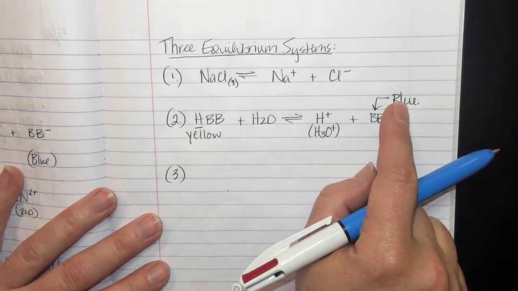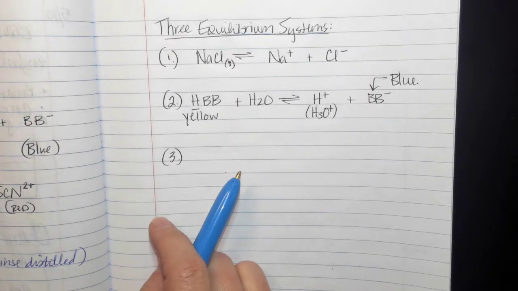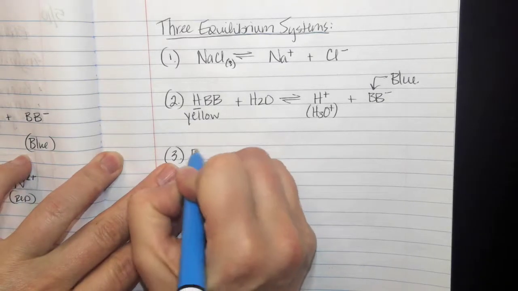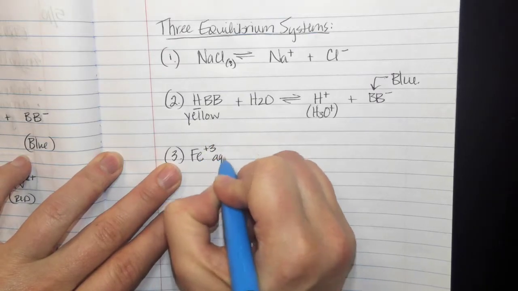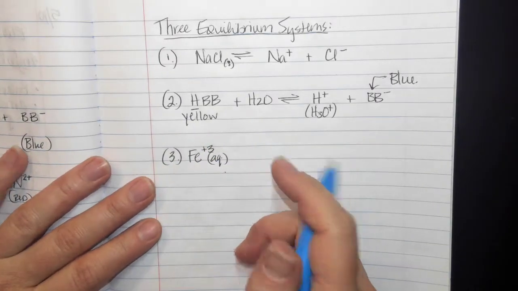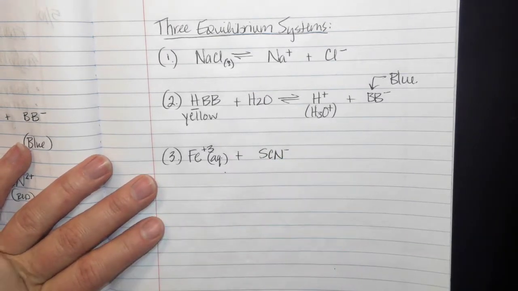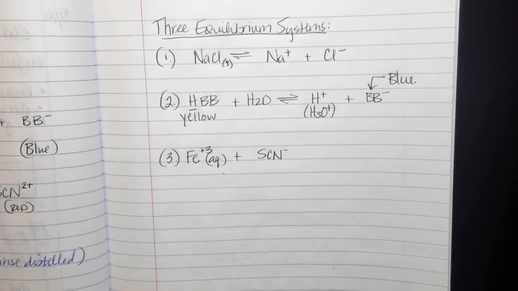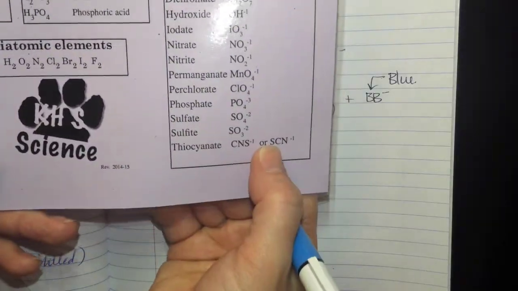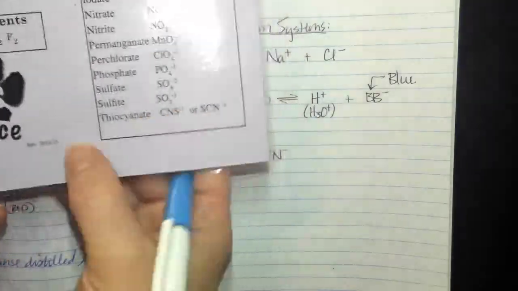And the third one is made with an iron compound. So the iron compound, there are iron ions in solution. And this complex called thiocyanate, which is a polyatomic ion listed on the bottom of your polyatomic list, SCN-1 thiocyanate.